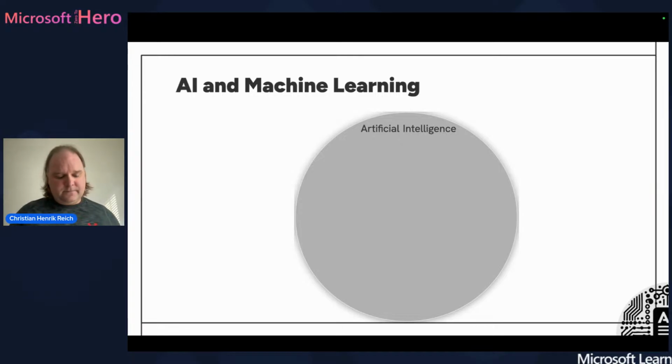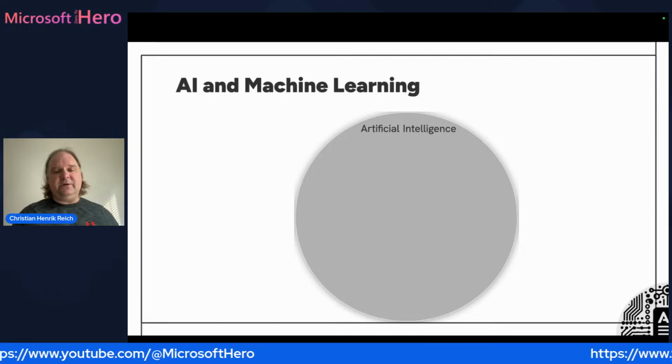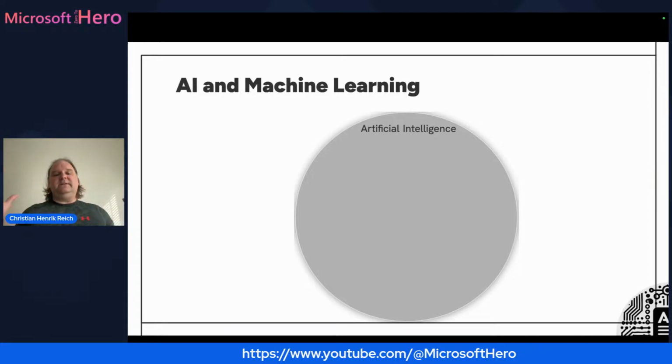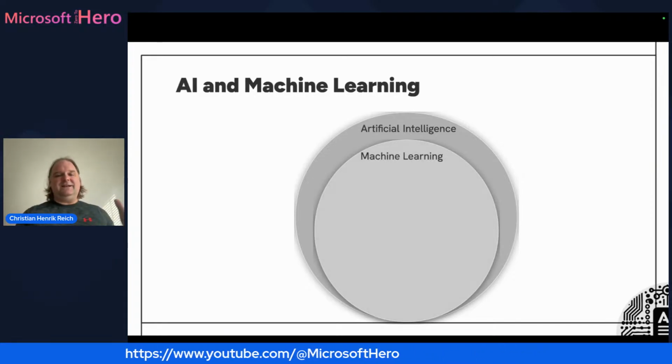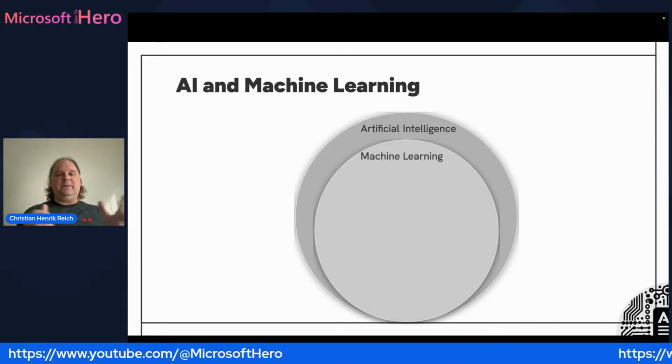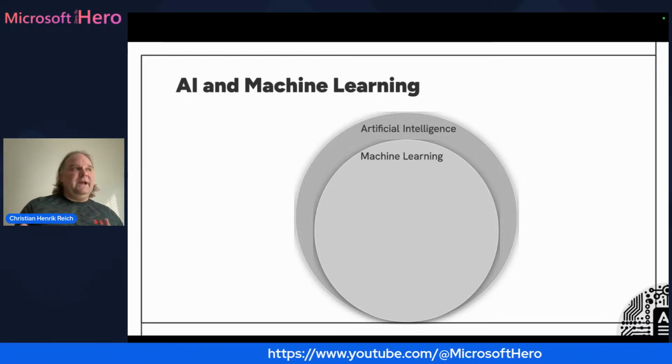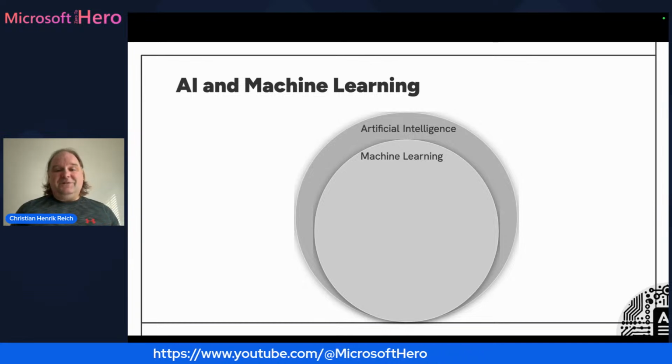Let's go through some of the terminologies and concepts we have within AI and machine learning, because I'm going to use them later on in the session as well. So we have artificial intelligence. It covers all of the things we do with data. Machine learning is one of them. Funny part is that machine learning actually originated from the 1800s.